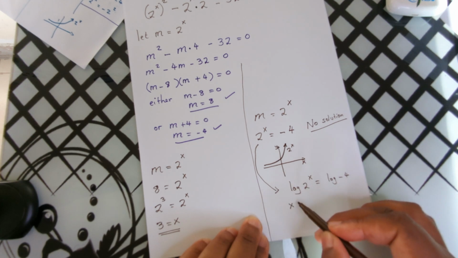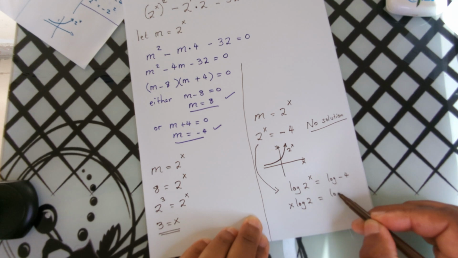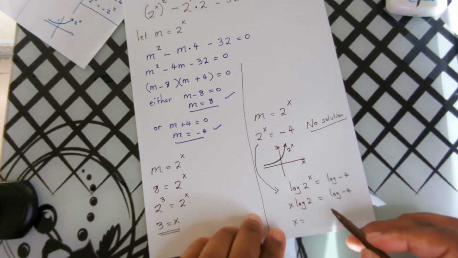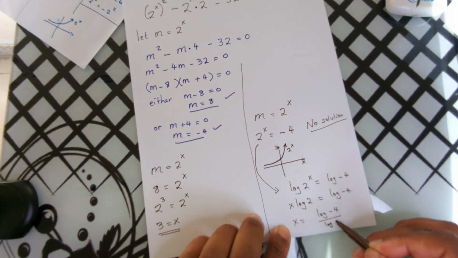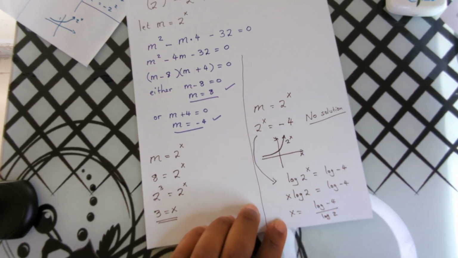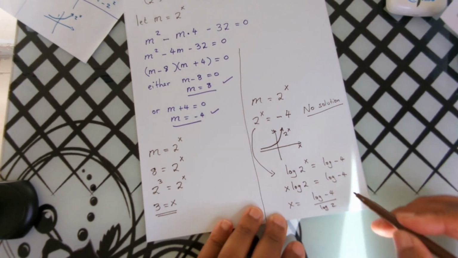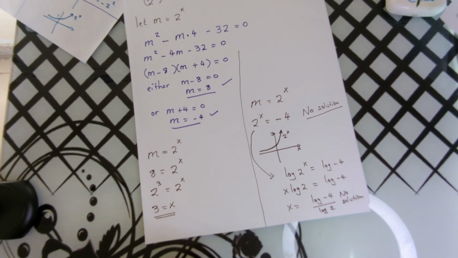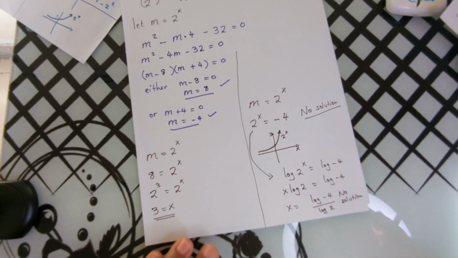Bringing down x would give you x logarithm of 2 is equal to the logarithm of -4, and x being equal to the logarithm of -4 divided by the logarithm of 2. And since we don't have logarithms of negative numbers, still this will lead to no solution. That's it for question 1.1.4. Now let's move on to the next question.